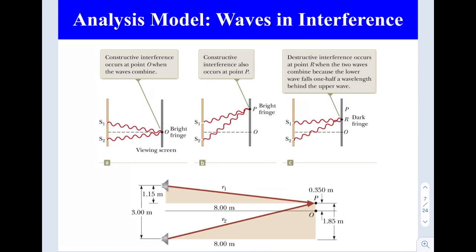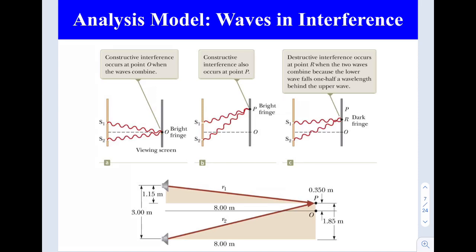Analysis model: wave interference. This is what Madam already discussed conceptually, how constructive and destructive interference patterns happen. Whenever there is no path difference between the waves originating from S1 and S2, we are going to have a bright fringe at the center of the viewing screen.